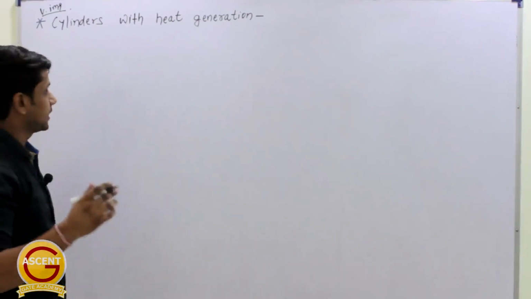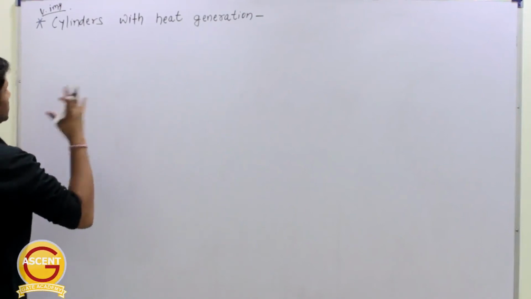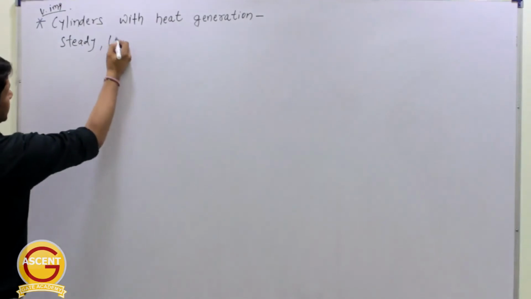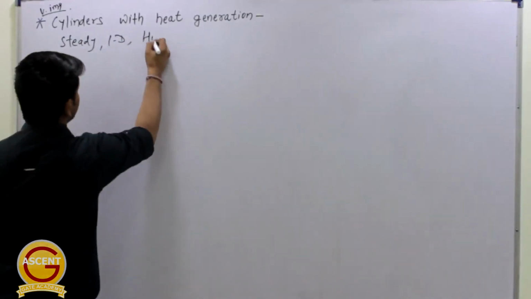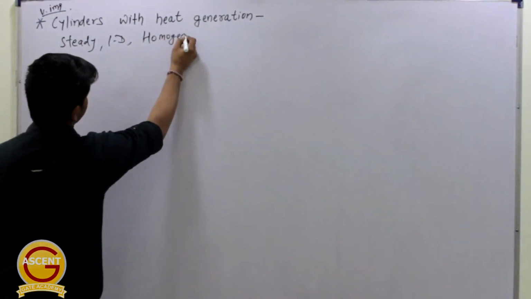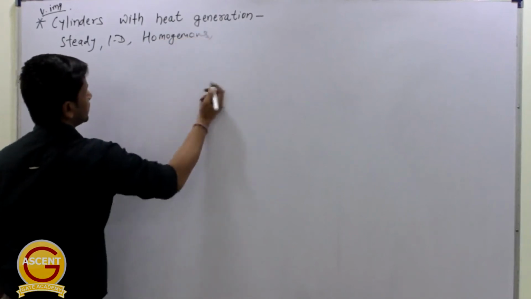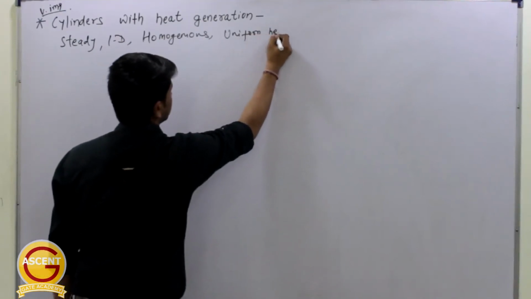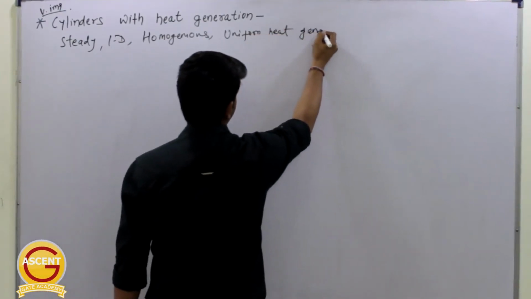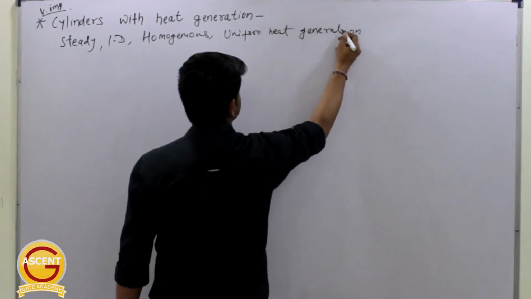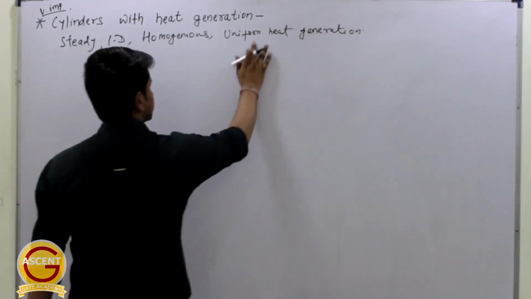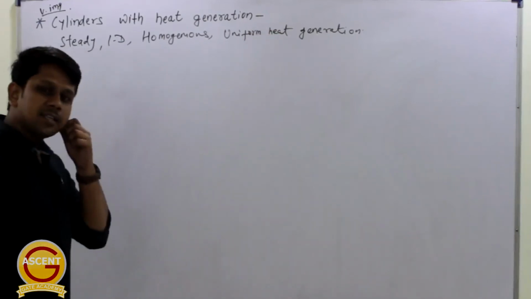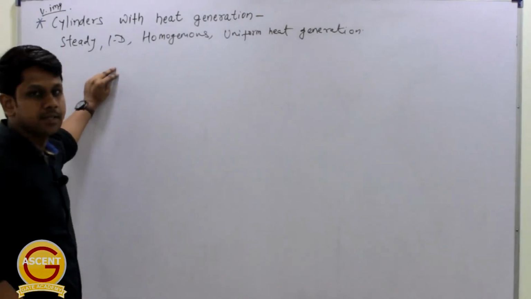So first of all, we will write down all the assumptions. So the assumptions are the same: steady state heat transfer, one dimensional heat transfer, a homogeneous material, right, uniform heat generation. So these are the assumptions, and based on these assumptions we have derived the generalized formula for conduction in cylinders, right.